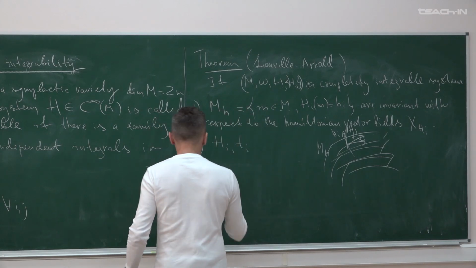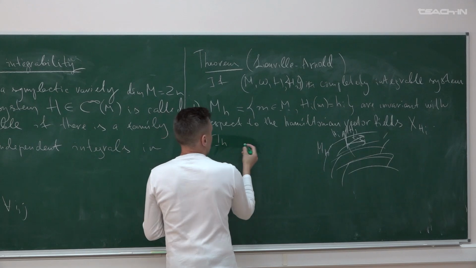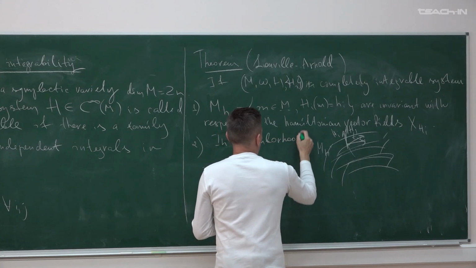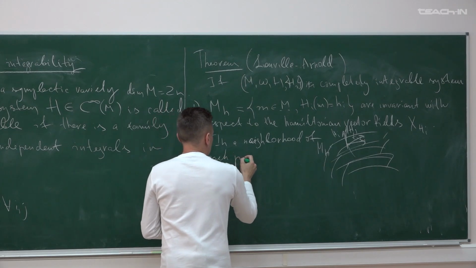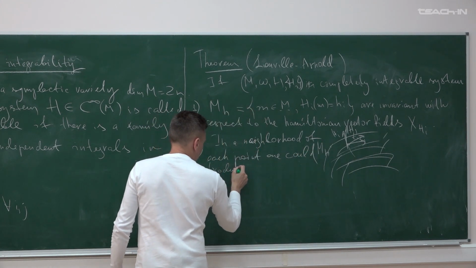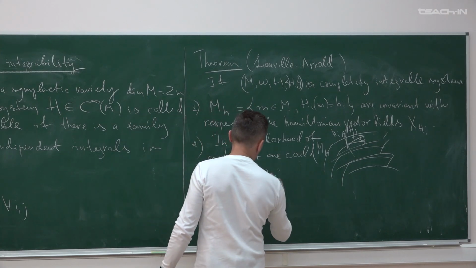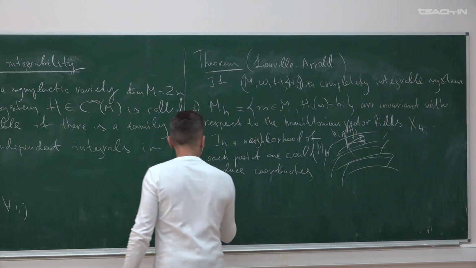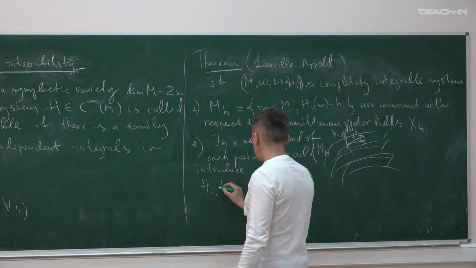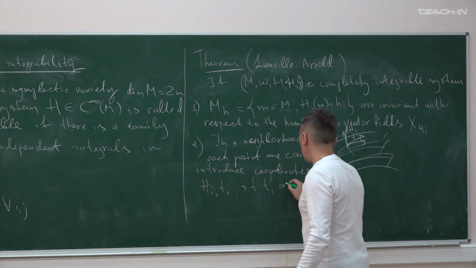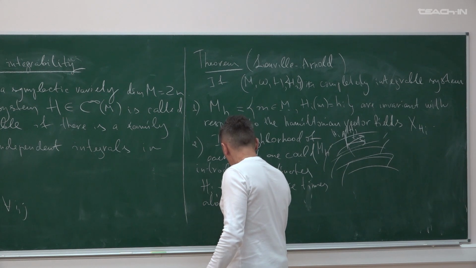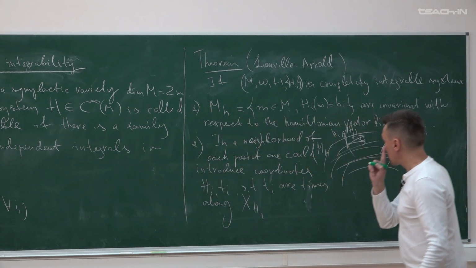So we can introduce in a neighborhood of each point coordinates h_i, t_i, such that t_i are times along Hamiltonian vector fields.